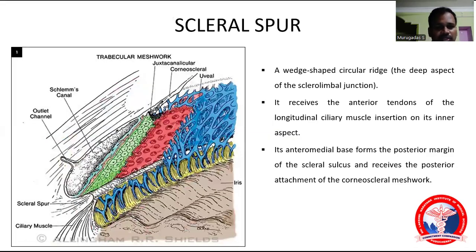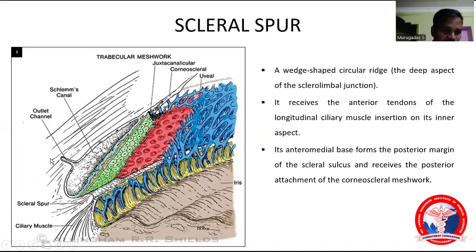Next, coming to the scleral spur. It is a wedge-shaped circular ridge. You can see here in this picture, the wedge-shaped circular ridge is at the deep aspect of the sclerolimbal junction.